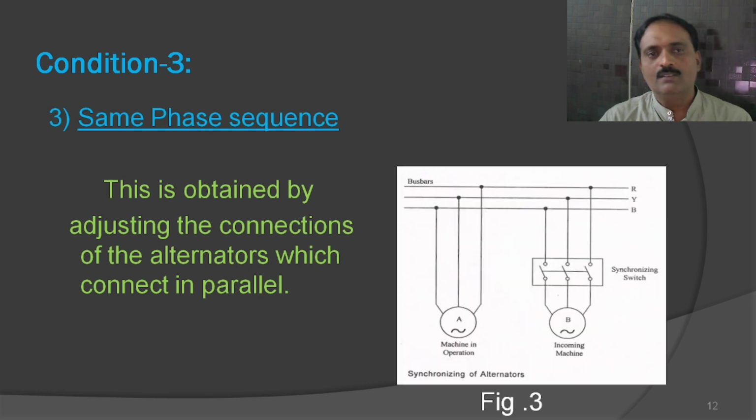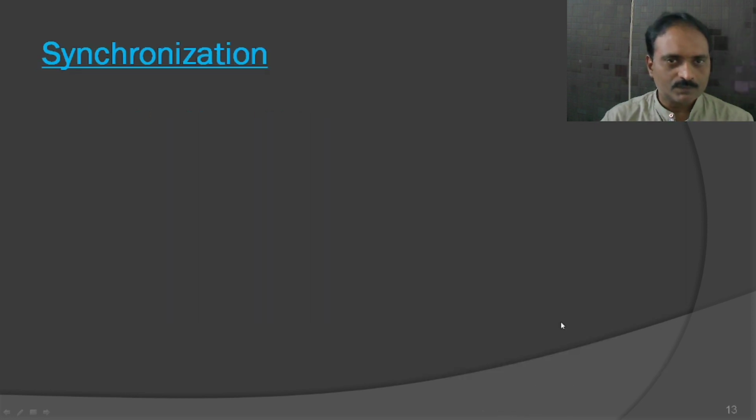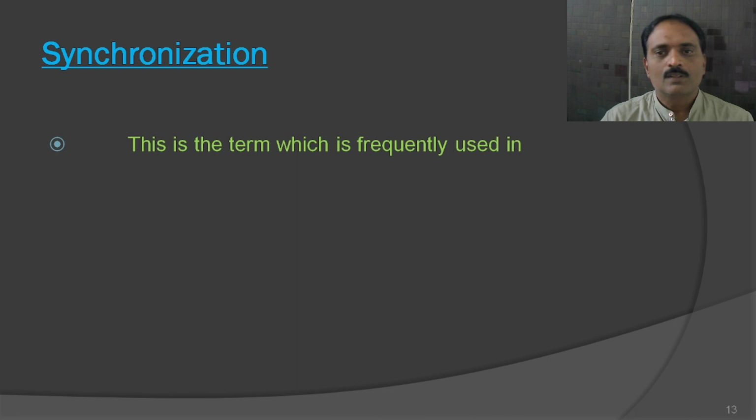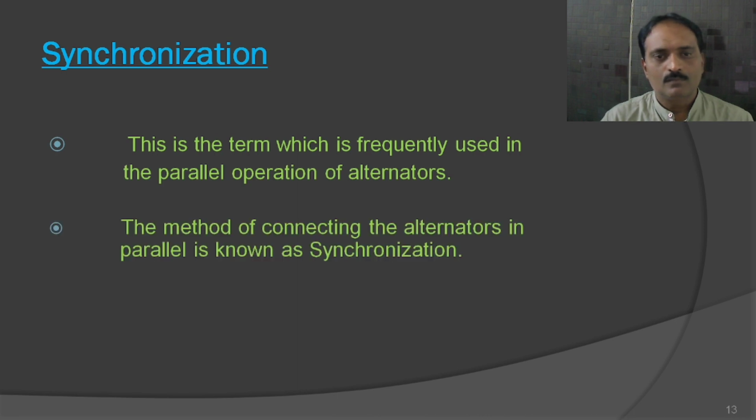So once these three conditions are satisfied, then only we can synchronize, or connect the incoming machine B to the bus bars. Already I told you, synchronization is the process of connecting alternators in parallel. So the method of connecting the alternators in parallel is known as synchronization.